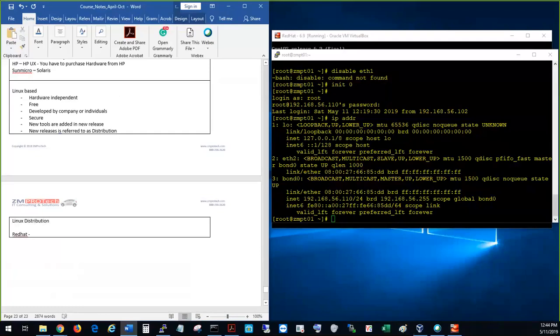What they do is they have the version here, Red Hat Enterprise Linux, and they have CentOS, the one we are using, and then Fedora is their version.